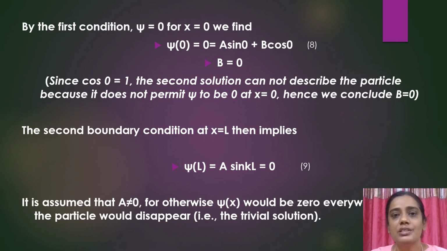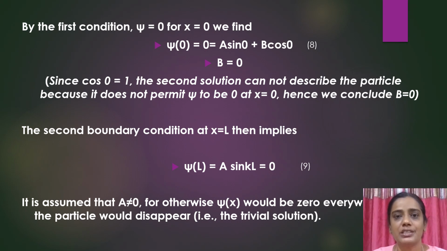So psi should be equal to 0 at the boundaries. So when we apply the first boundary condition, psi should give us a 0 value. Therefore, wherever x is there, you substitute the value of 0, because the boundary condition we are applying is x equal to 0. So in the place of psi of x, we are substituting psi of 0.